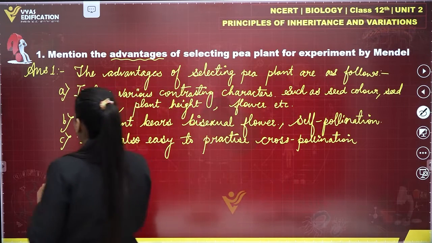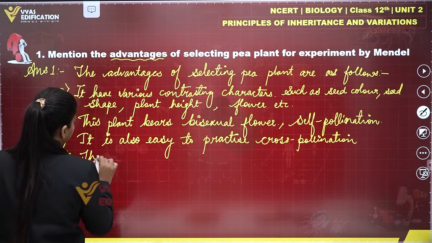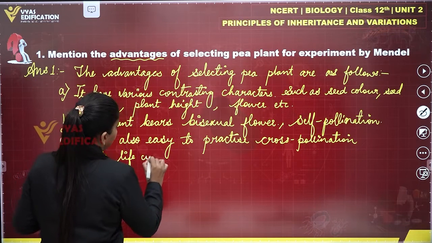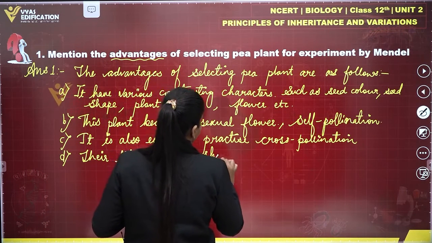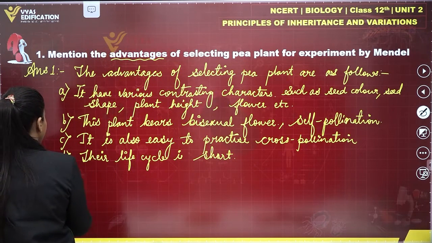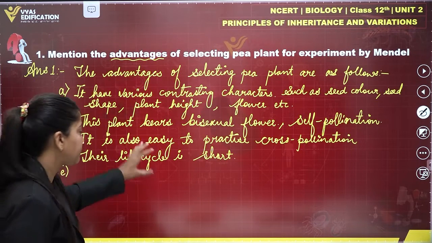The next advantage of the pea plant is their life cycle. Their life cycle is short, hence the experiment we are working on is easy.